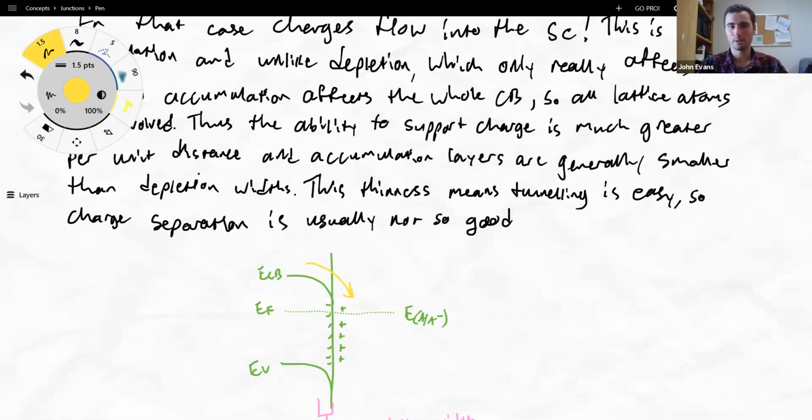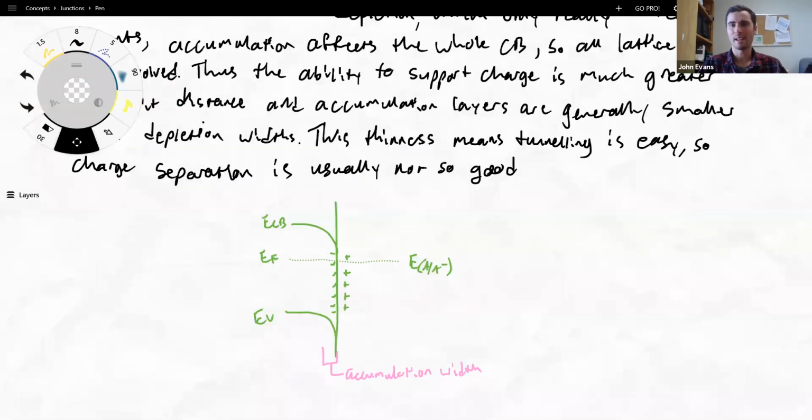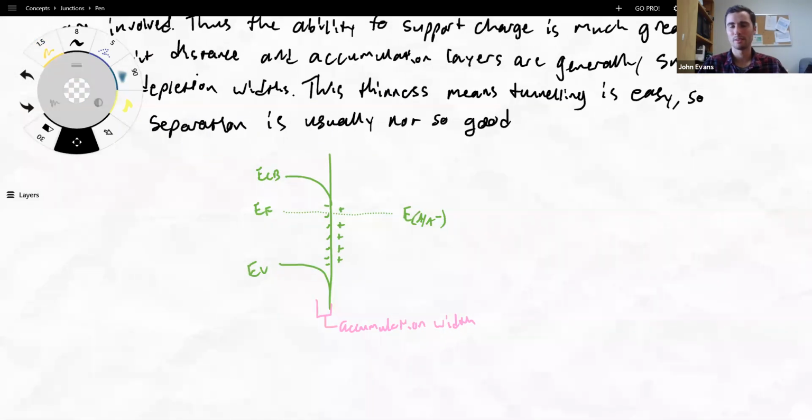So electrons want to go this way. You also have a very thin layer in which your electric field is present. So it's easy for that electron to tunnel through the barrier. And that means that the charge separation is usually not great. So we tend to not want to use those for solar devices.